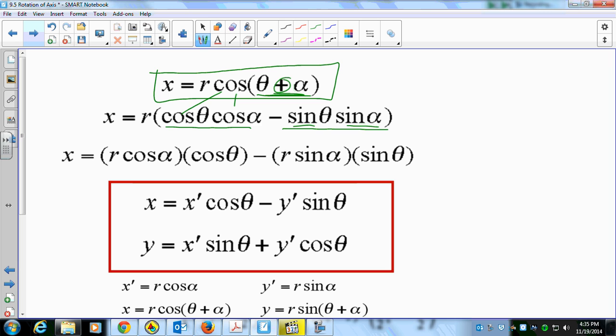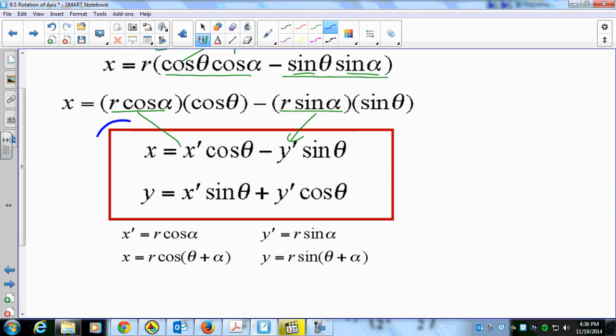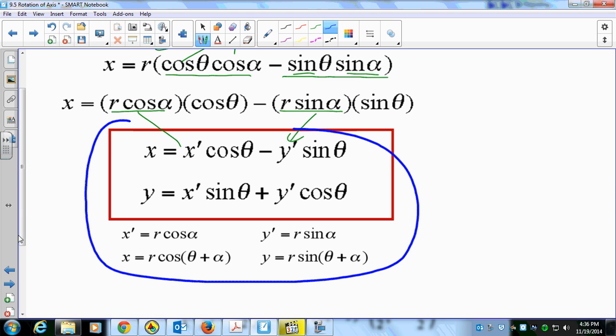We added those alphas there, we simplify it, and we get to this. Well, we know what our cosine of alpha is, that's x prime. We know what our sine of alpha is, that's y prime. The same idea is going to come into play for this one. But what you need to make sure you have on your notes that you have access to in class is this stuff here.